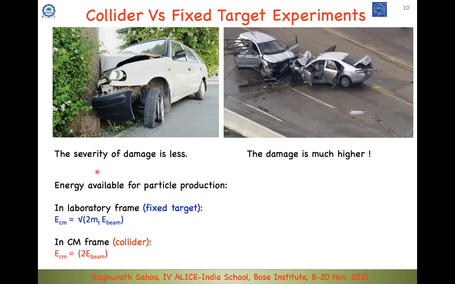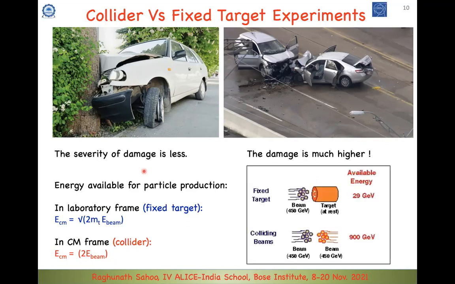Now the energy available for particle production in the laboratory, which is the fixed target experiment shown here, will be the square root of E beam. And if you go to the center of mass frame, which is a collider like this, the energy available for particle production goes like 2 times E beam. So this one has a square root and this one is without square root, meaning more energy is available in the center of mass frame.